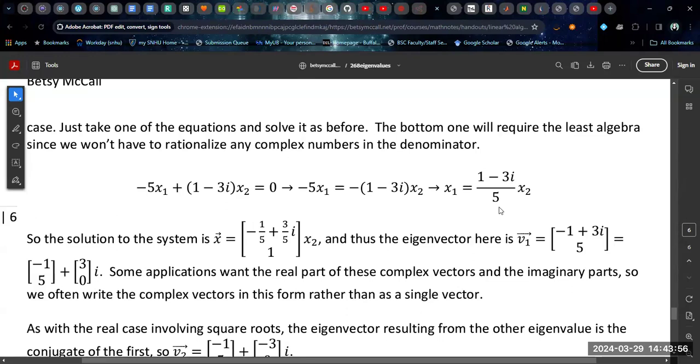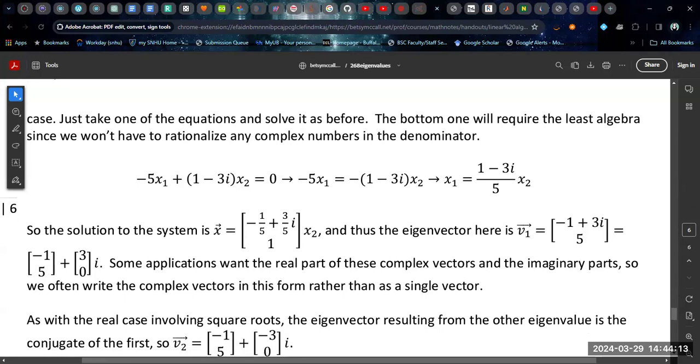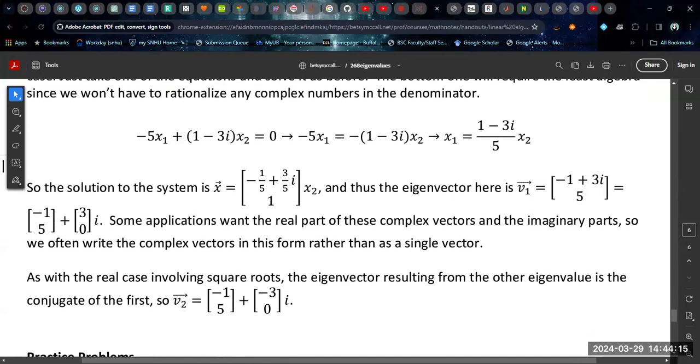I can then designate x2 to be 5 in order to get nice integer values instead of nasty fractions. And then when I go to solve for my other eigenvalue, I'm just going to take the conjugate of this one and flip all the signs.